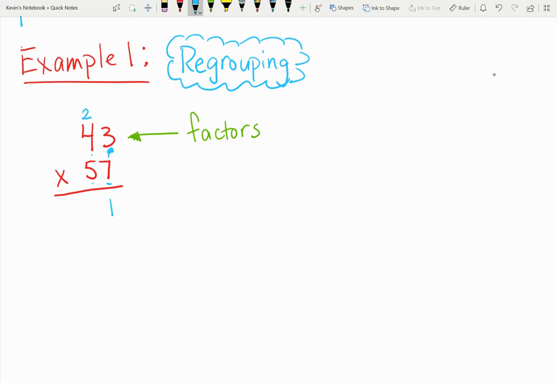Then we multiply our ones place in our bottom factor by our tens place in the top factor. 4 times 7 is 28. Then you add your 2, your carryover, you get 30. So 301.